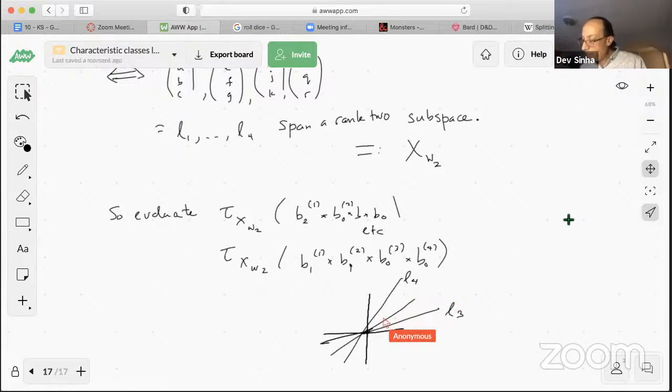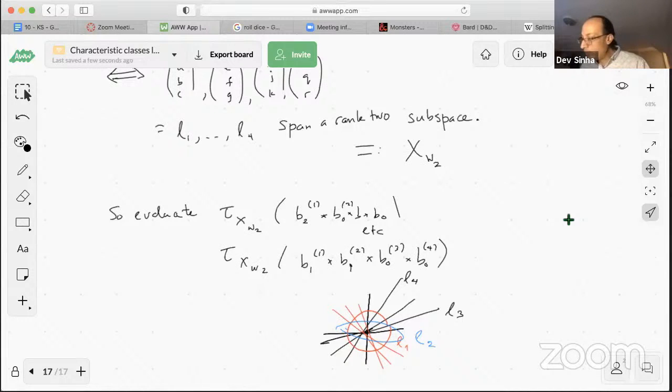So L1 can kind of spin around in one dimension. Maybe L2, I might want to make these generic, but the point is then that each of these, as L1 spins around in one dimension in R3, it will intersect the span of L3 and L4 exactly once.